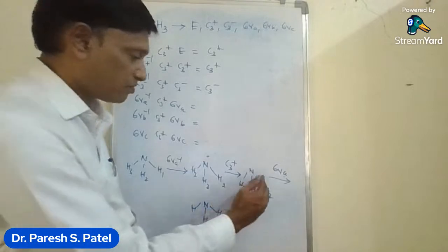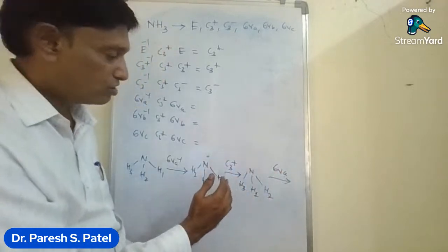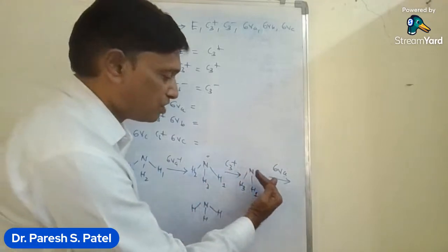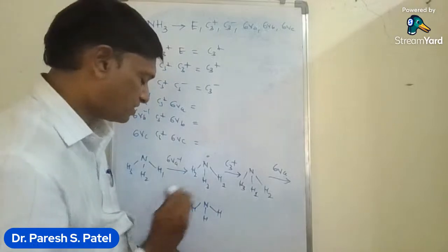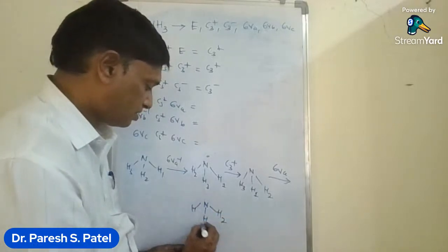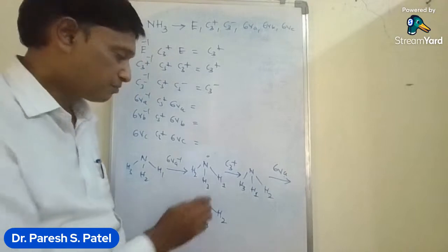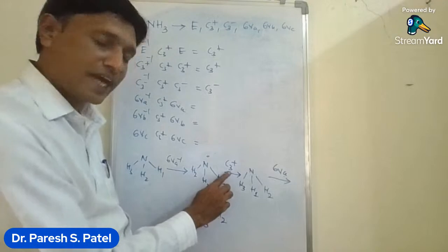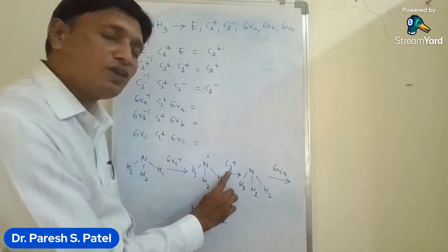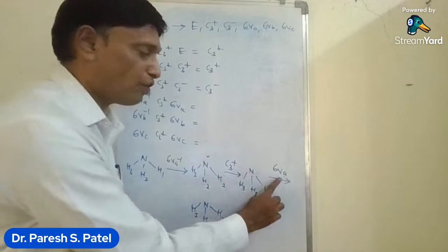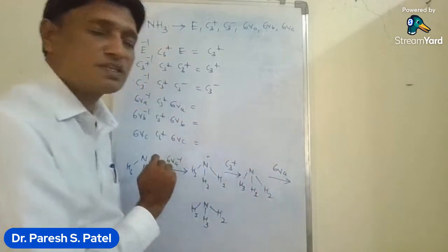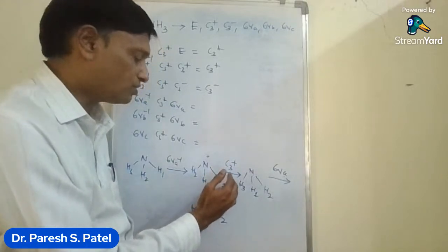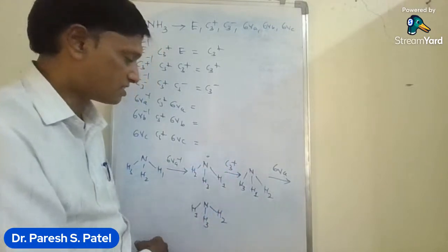So in this case, suppose sigma Va corresponds to hydrogen 1, but what is the position of hydrogen 1? This is the position of hydrogen 1. It means we have to put a mirror over here. So 2 remains as it is, and 3 and 1 interchange. Repeat again. In case of ammonia molecule, by operating rotational axis of symmetry C3 plus followed by reflection axis of symmetry, before reflection we have to follow the position before the rotational axis of symmetry.